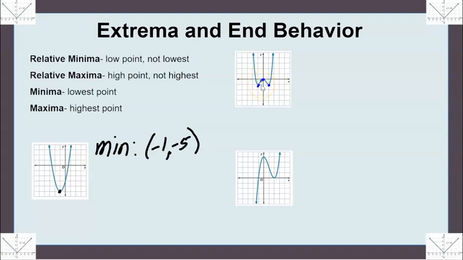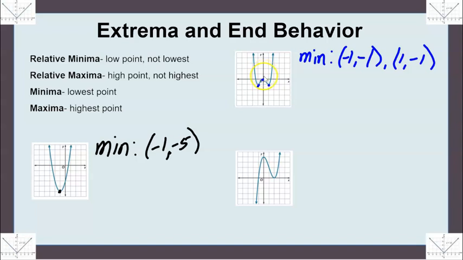So instead of a relative minima, we're going to call this a minima because that's the lowest point you could possibly have on this graph. And since I have two of them, I'll put both of them down. So one is going to be -1, -1. And the other point is going to be 1, -1.